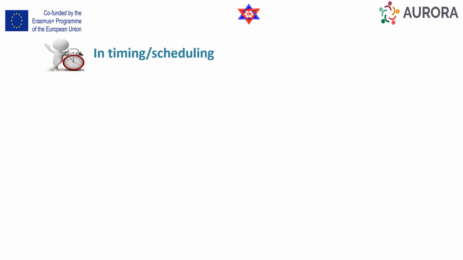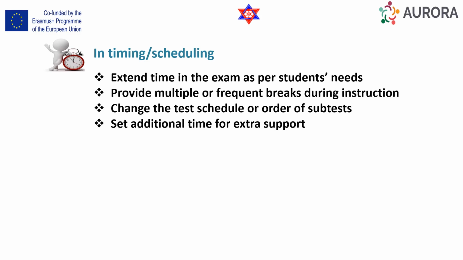We can also make differentiation in timing and scheduling, such as extending time in the exam as per students' need. Some students with disabilities may need additional time. That's why providing more time to them in the exam or in a classroom is an example of differentiated instruction, and so is providing multiple or frequent breaks during instruction.